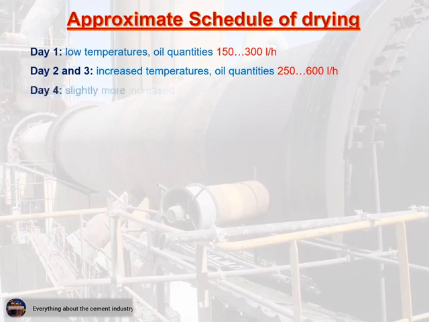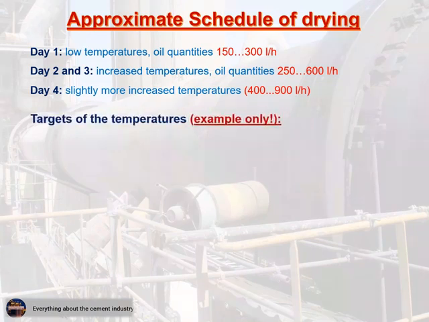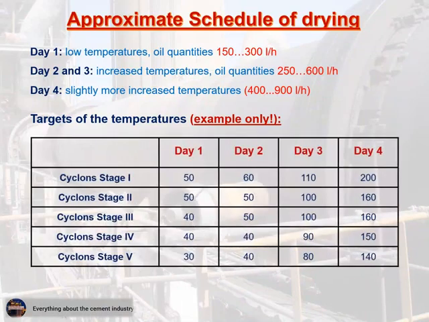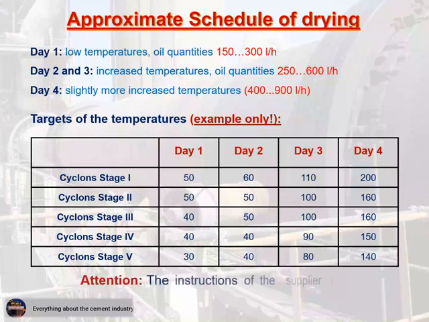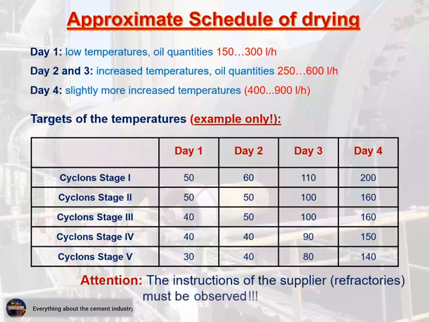Day 4: slightly more increased temperatures, 400 to 900 liters per hour. Targets of the temperatures, example only. See the following table showing the temperature values in cyclones during 4 days. Attention! The instructions of the supplier of the refractories must be observed.